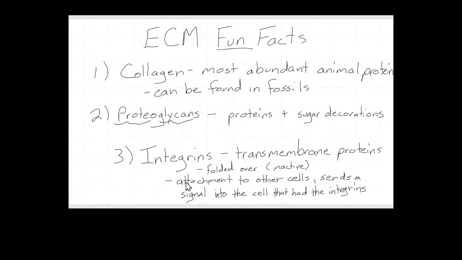And when they do that, they attach to other cells, and by attaching to the other cells, you also get these proteins to act as the start of a signaling pathway. We haven't talked about signaling pathways yet, but anyway, it sends a signal into the cell and starts a communication chain. So that's what these integrins can also do. So those are your fun facts for extracellular matrix. There's more to it, obviously, but that's it for now.